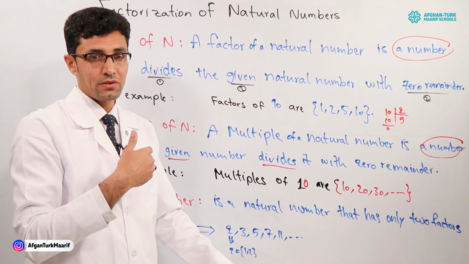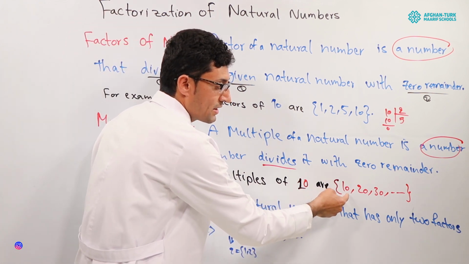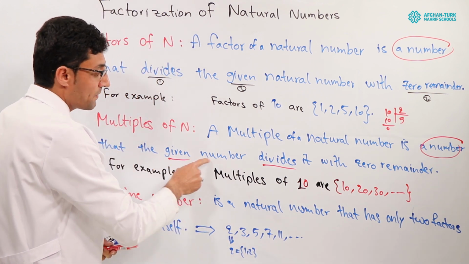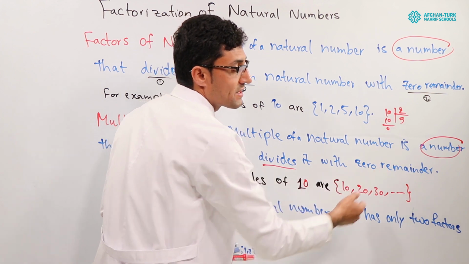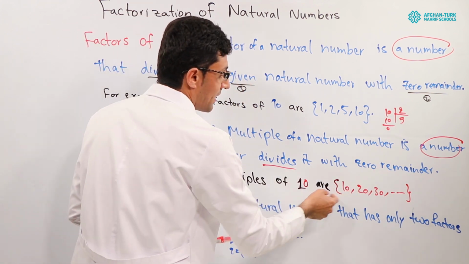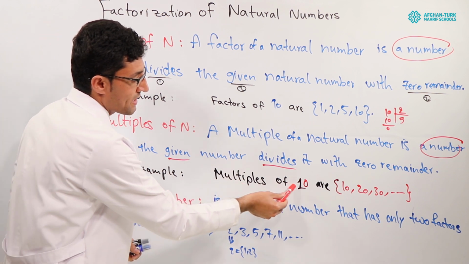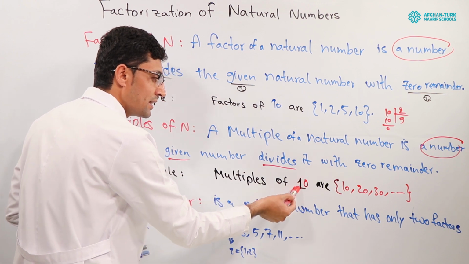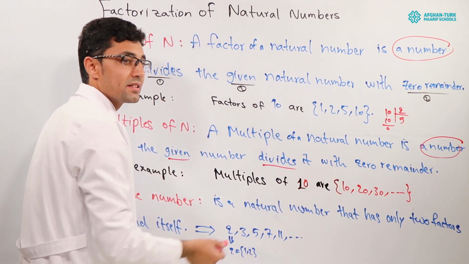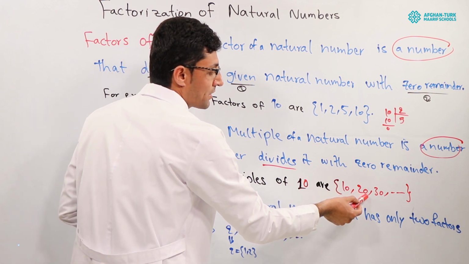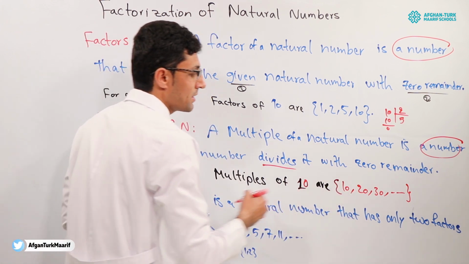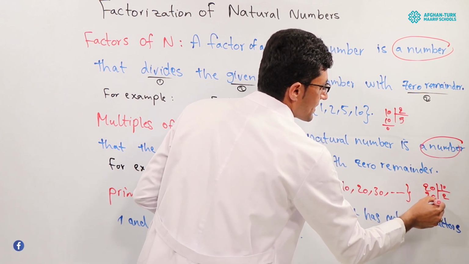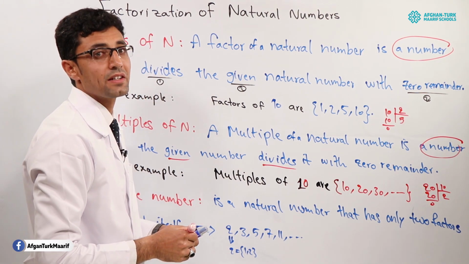It is the inverse of factors. 10 does not divide 20, but 20 is divisible by 10. For example, multiples of 10 are 10, 20, 30. Why? If I divide 20 by 10, how much is it? It is 2. How much is the remainder? 0.